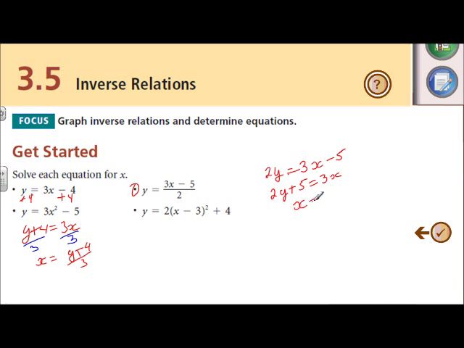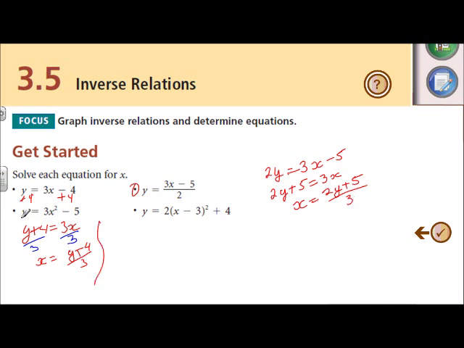So x equals (2y plus 5) all over 3. And again, looking at the original, we're doing them in opposite orders. Multiply by 3, subtract 5, then divide by 2. And now we multiply by 2, add 5, divide by 3.